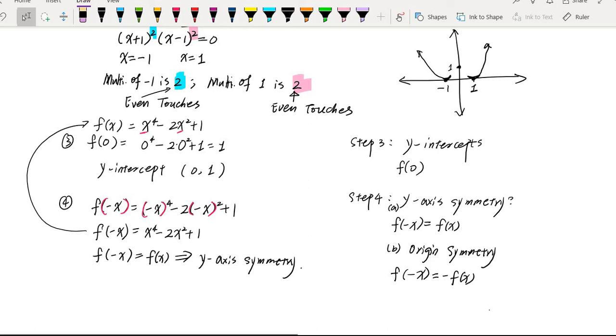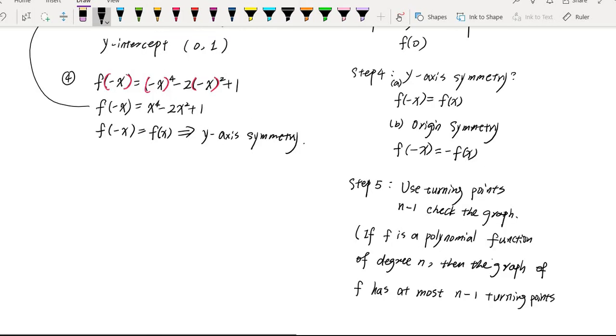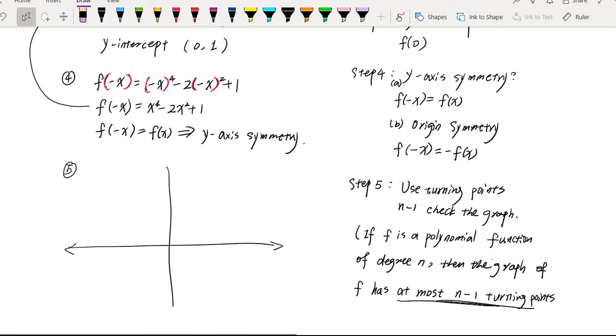Step 5 is using the turning points, n minus 1, to check the graph. If f is a polynomial function of degree n, then the graph of f has at most n minus 1 turning points. Earlier we already pretty much graphed most of it. We had something like this, rising at both sides.